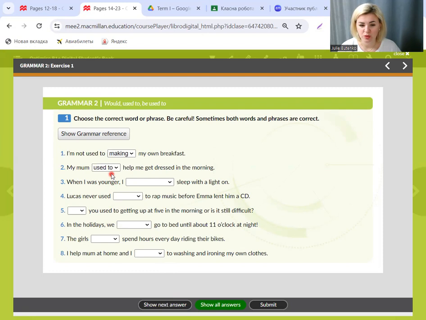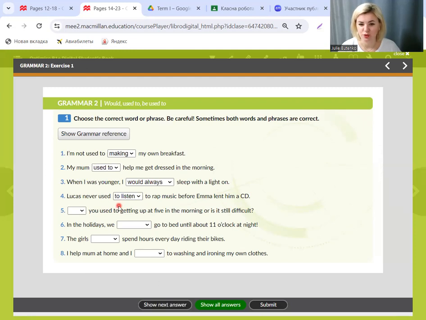Чому? Тому що ми не можемо вживати would, коли кажемо про past states. When I was younger, I would always used to sleep with a light on. Would always. Lucas never used listen or to listen to rap music before Emma lent him a CD.